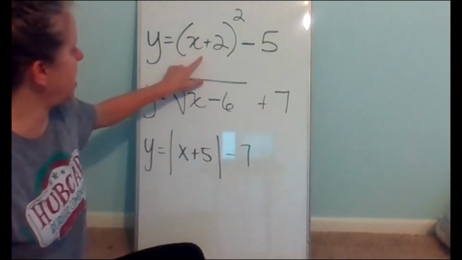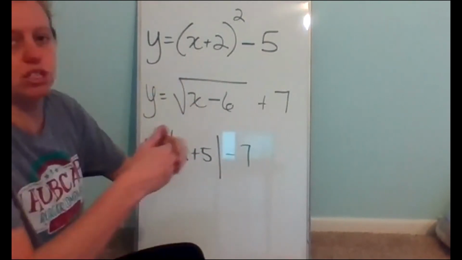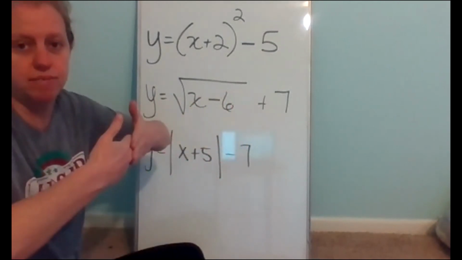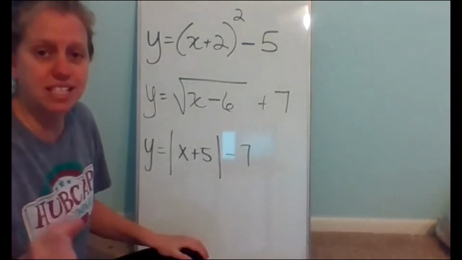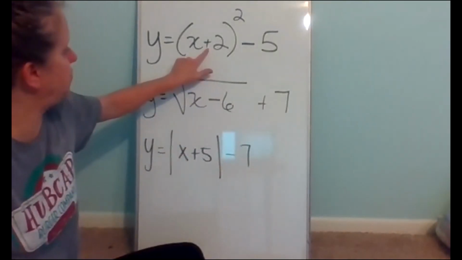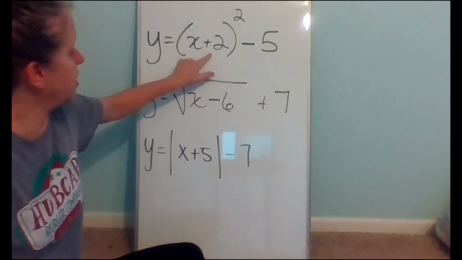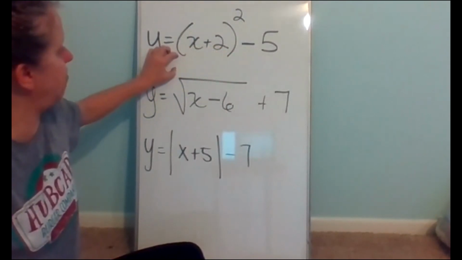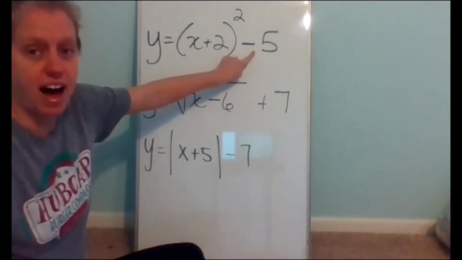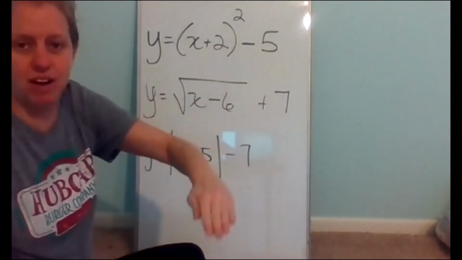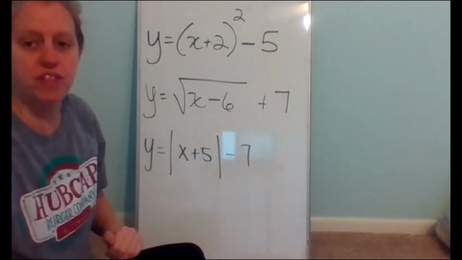Okay? Inside numbers shift you horizontally, which is left and right, but you go opposite the sign. So this would actually shift you to the left. Since it's +2, it would shift that graph to the left 2. This -5: outside numbers shift you up and down with the sign.